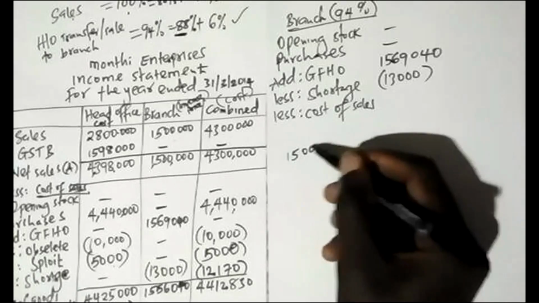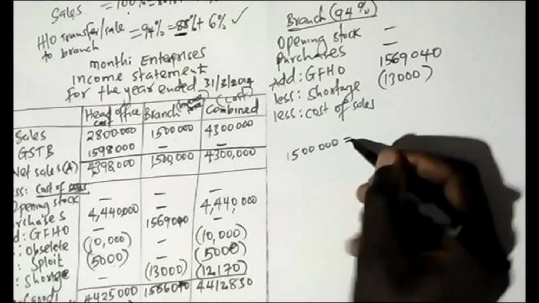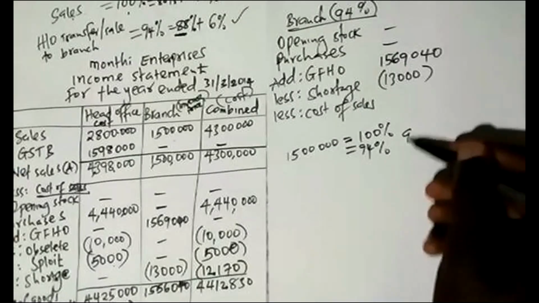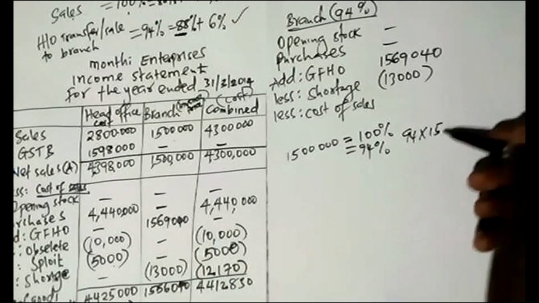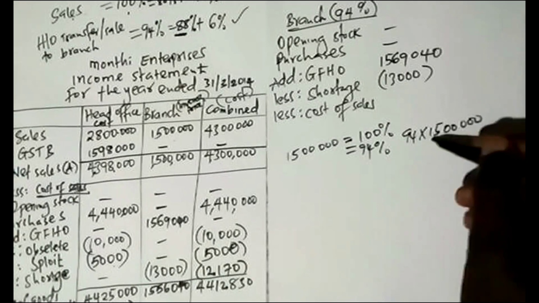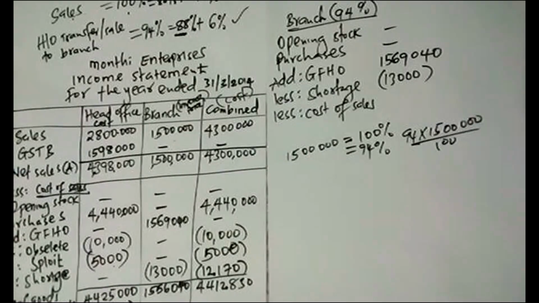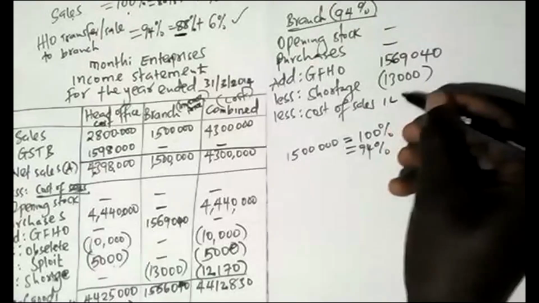So that one sales is at 100%, so we need 94%. So you take 94 times 1.5 divided by 100. I'm getting 1410.